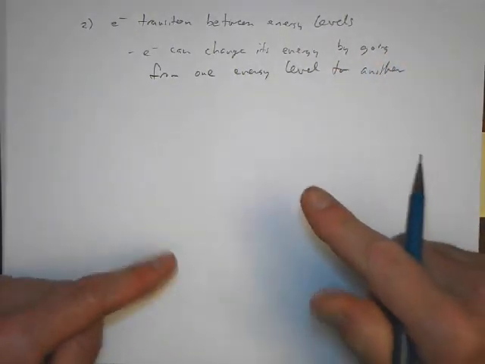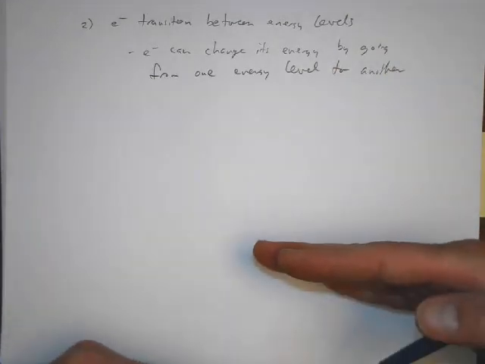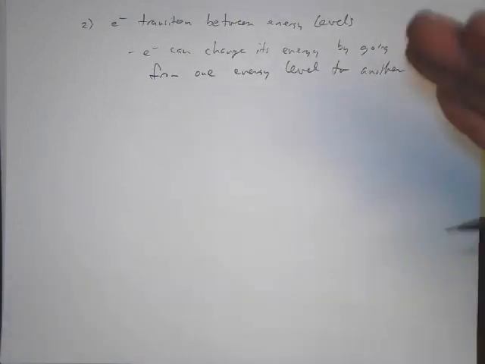And the idea is that these lines that we see in a line spectra arise due to these transitions.